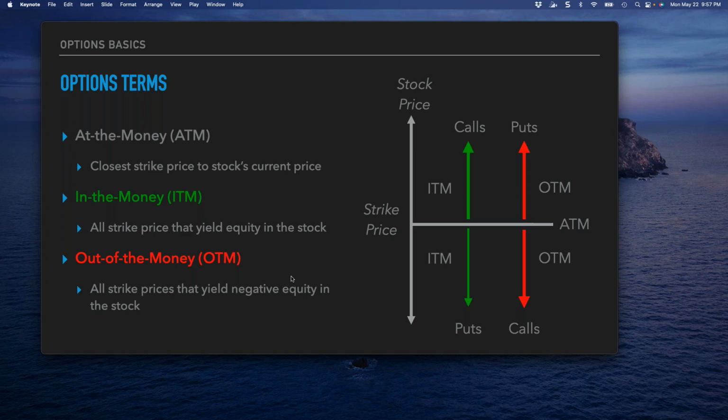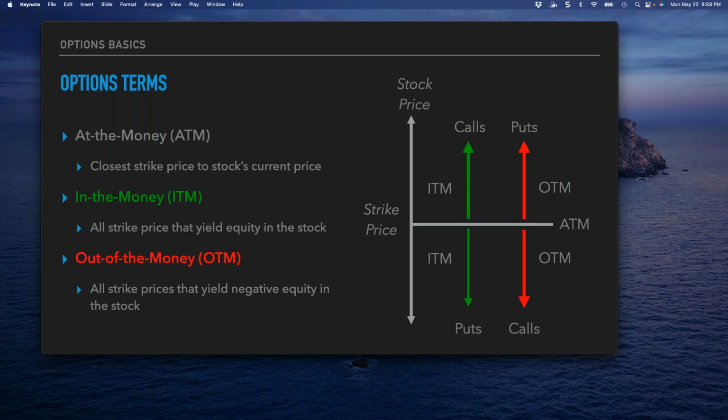At the money simply refers to the strike price that is closest to the underlying stock's current price. Now, the stock price may not match the strike price exactly. It only needs to be the closest of all available strike prices. In the money, on the other hand, refers to any contract that would result in a positive equity position if it were exercised.